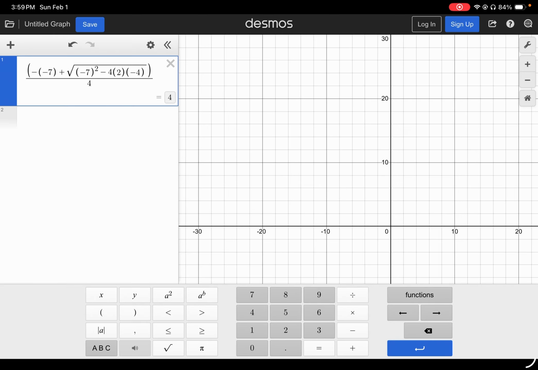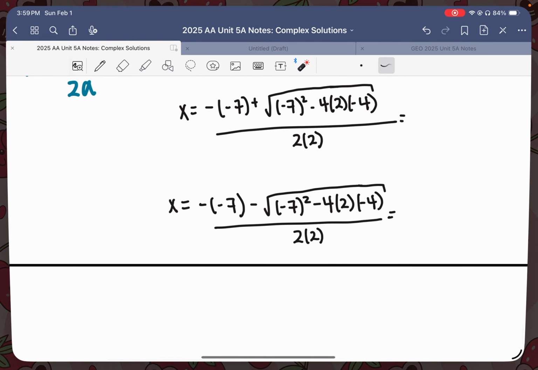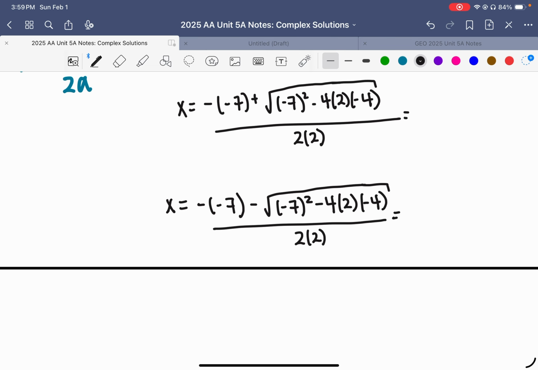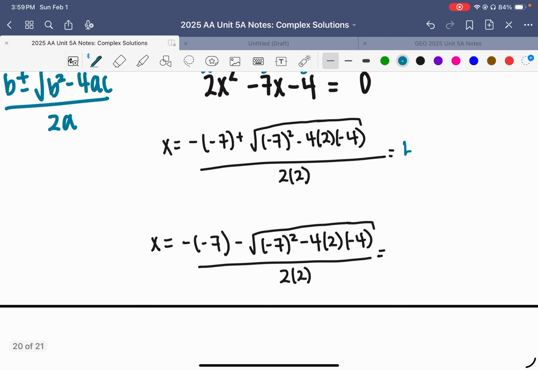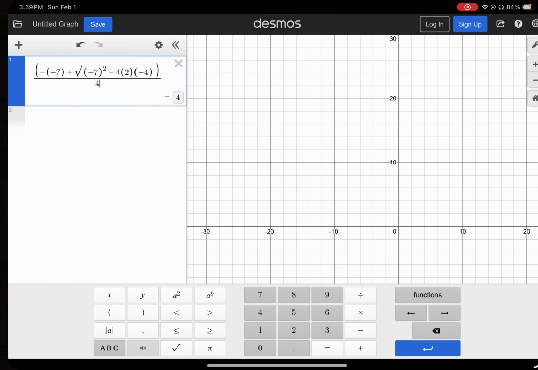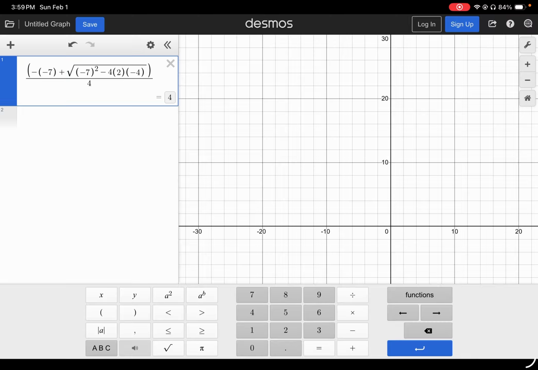I'm just going to go ahead and simplify that to 4. So our first x value that we get is 4. And we need to find the y value to go with that. Then I'm going to change that to a negative. And so my second x value that I get is negative 0.5.